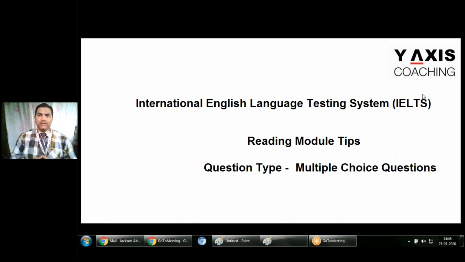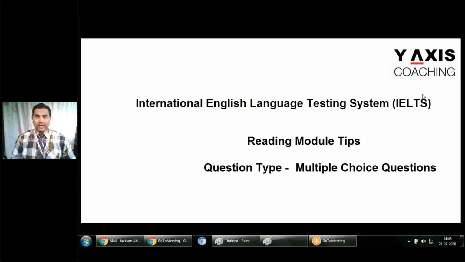Now, the thing that you have to keep in mind for multiple choice questions is your skimming and scanning technique once again. But this time, more than the skimming part, you will have to first read the question. Remember, this is one question type wherein you do not need to read the passage without a purpose.